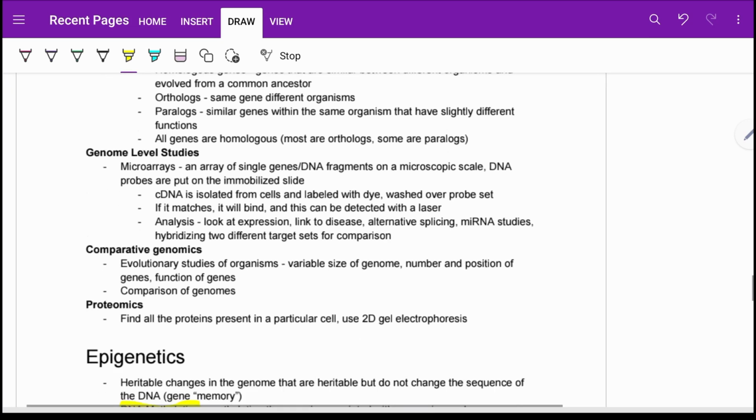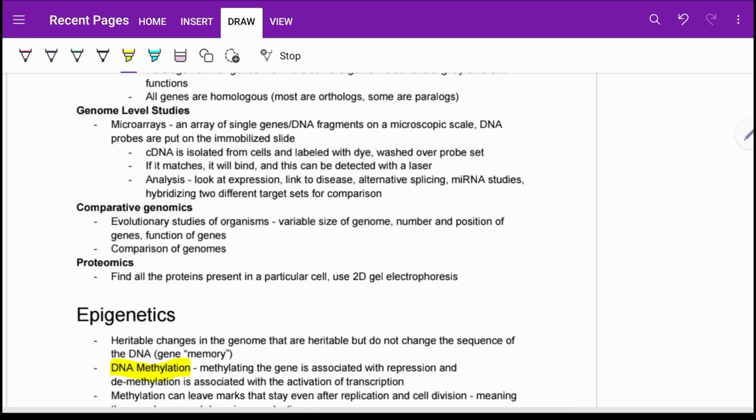We also have genome level studies. So we have microarrays, where we put a ton of single genes or DNA fragments at a microscopic scale onto a grid, and then we wash them with probes to mark our targeted gene or targeted DNA, and we can look at the expression.